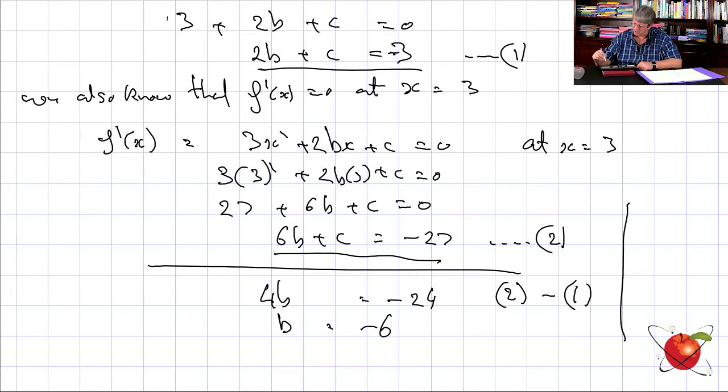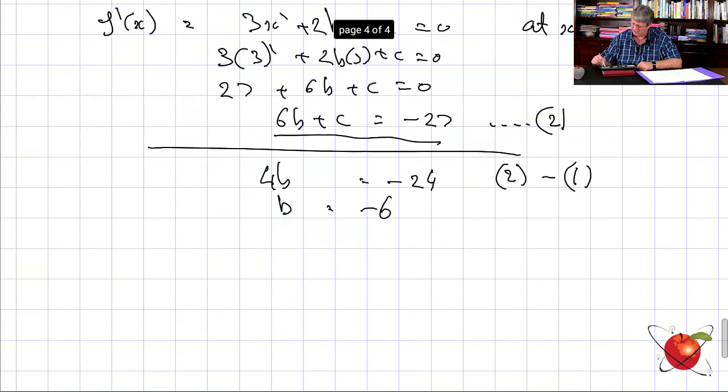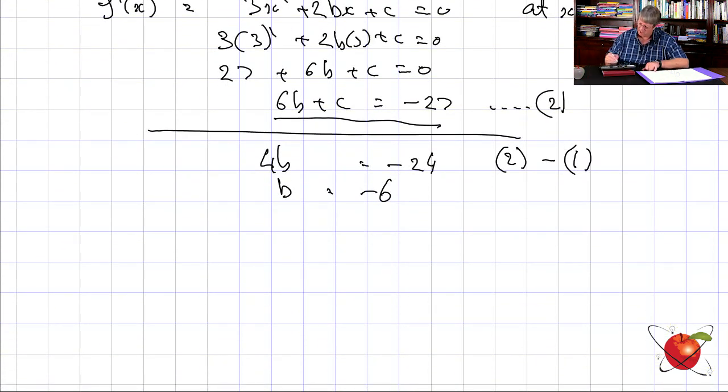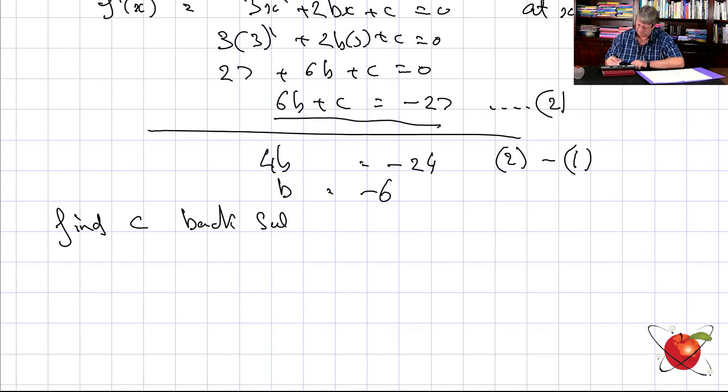How do I then find the next one? I'm going to find c. Back substitute. So I'm going to back substitute into any one. I chose 2 times minus 6 plus c is equal to minus 3.